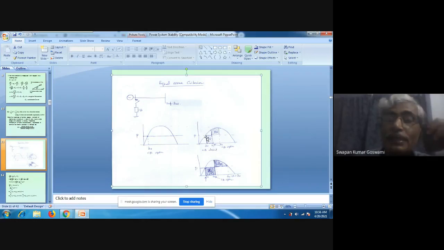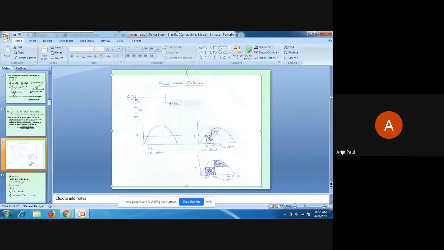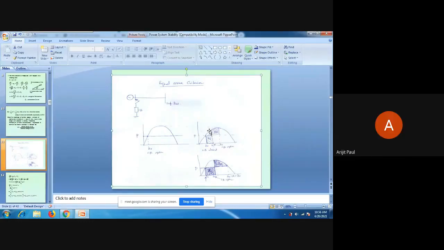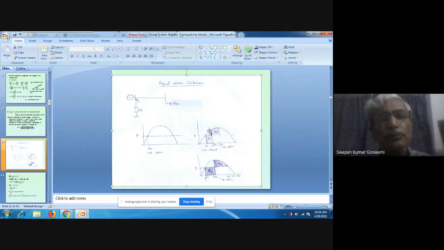You see that initially from delta 0 to delta 1, what was the situation? Input was more than output. So at delta 1, speed is much above synchronous. Now, here what happens? Here output is more than input. Since output is more than input, obviously there will be retardation.